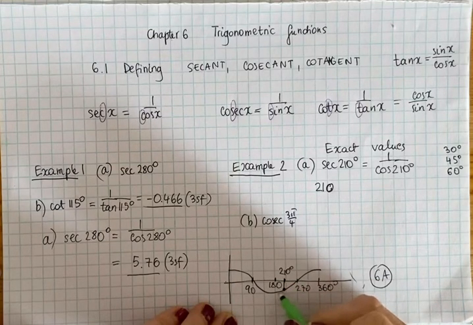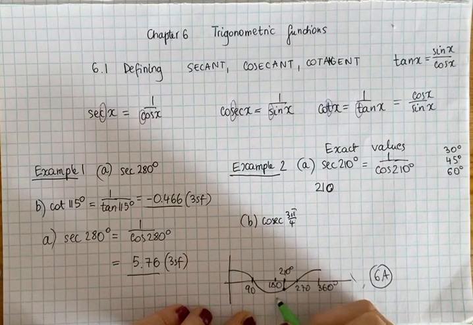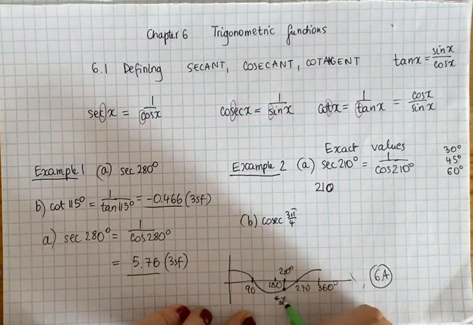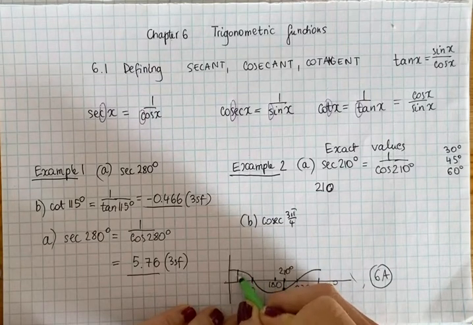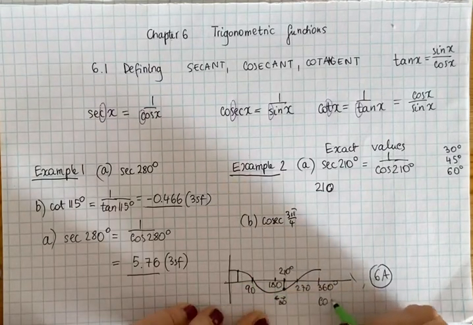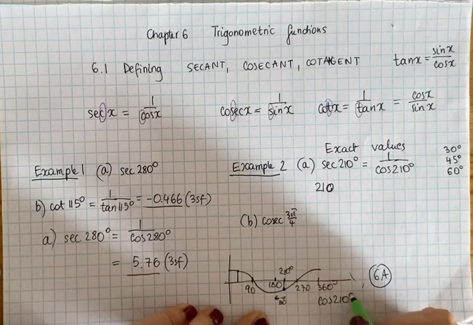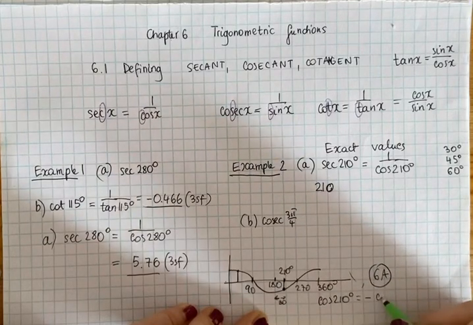Okay, so 210 is 30 degrees away from 180. So it's going to be, if you look at this very carefully, flipping it over, it's going to give me the same answer as the opposite of cos 30 degrees.